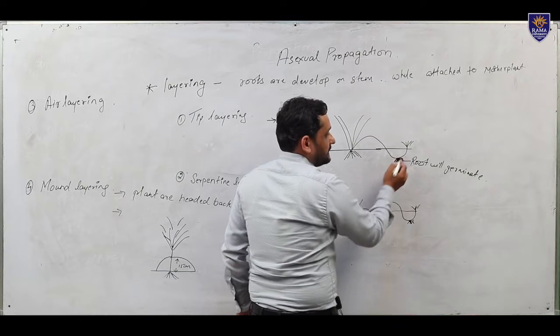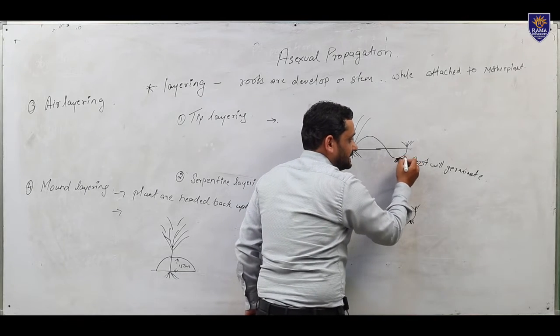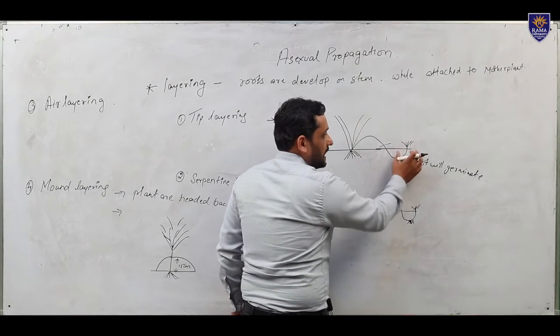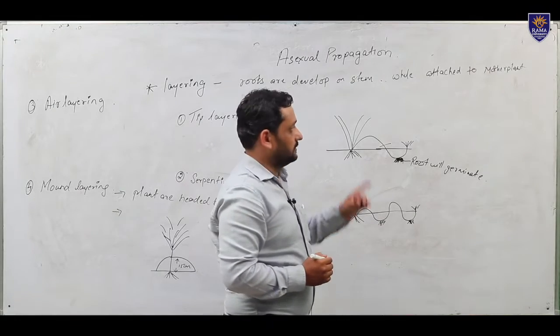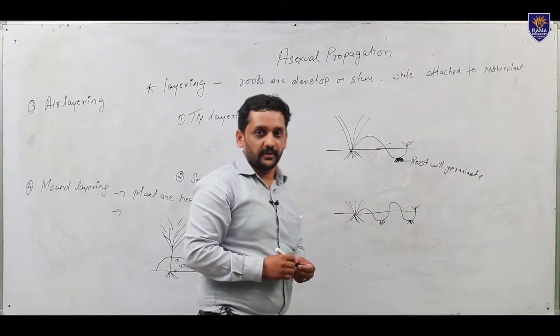Further, we can detach this plant, and it will grow as an individual plant. This process is known as tip layering.